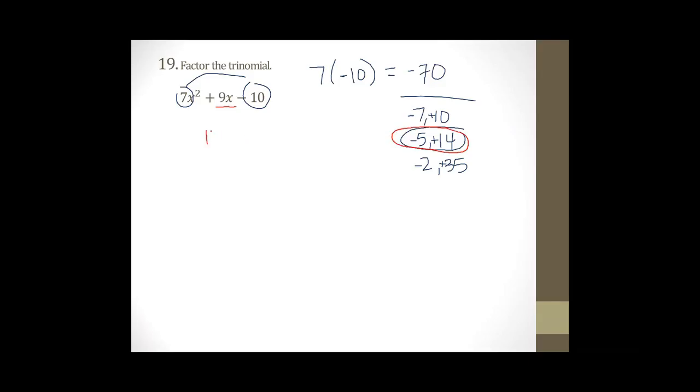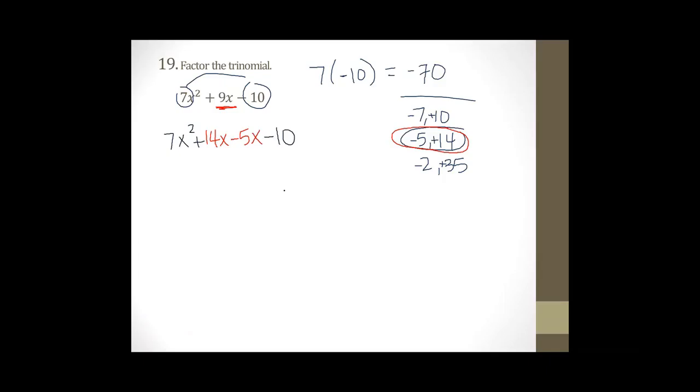I'm going to write 14x minus 5x, which equals 9x. So all I did was rewrite 9x using the 14 and the negative 5. Okay, so now I'm going to bring down everything else: 7x squared, then the minus 10.